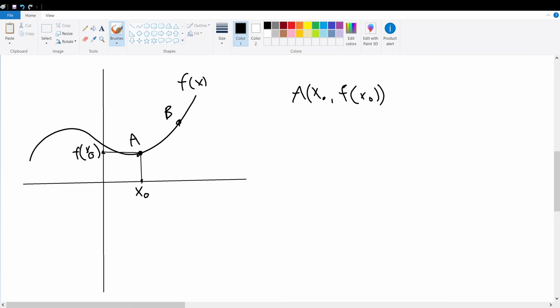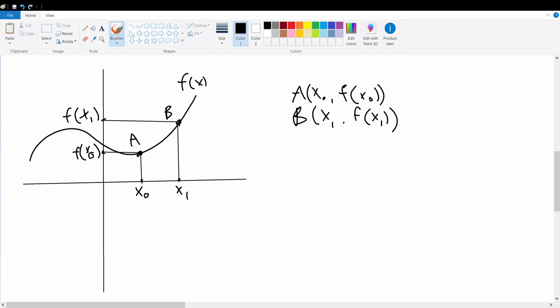And we also know that point B, if I let point B be equal to x1, f of x1, will look something like this. If I draw a vertical line down, this point will be x1. This horizontal line to the y-axis will be f of x1. Hence, we have the definitions of coordinate points in play for this curve.